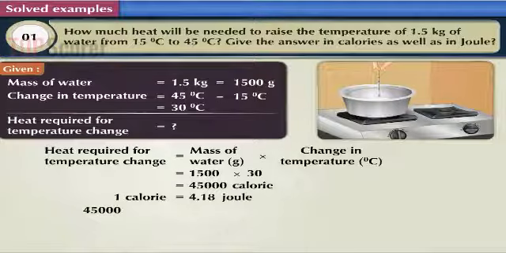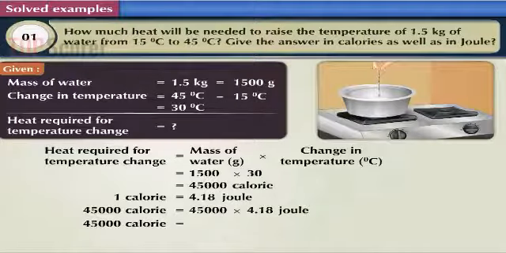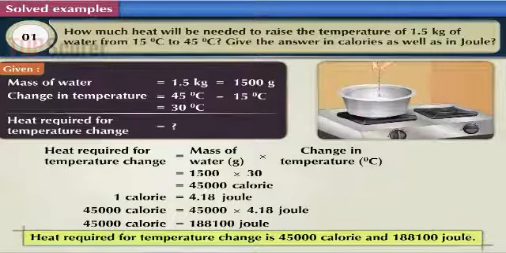Thus, 45,000 calories of heat is equal to 45,000 into 4.18 joules, which is equal to 1,88,100 joules. Thus, heat required for temperature change is 45,000 calories and 1,88,100 joules. Let us solve one more example.